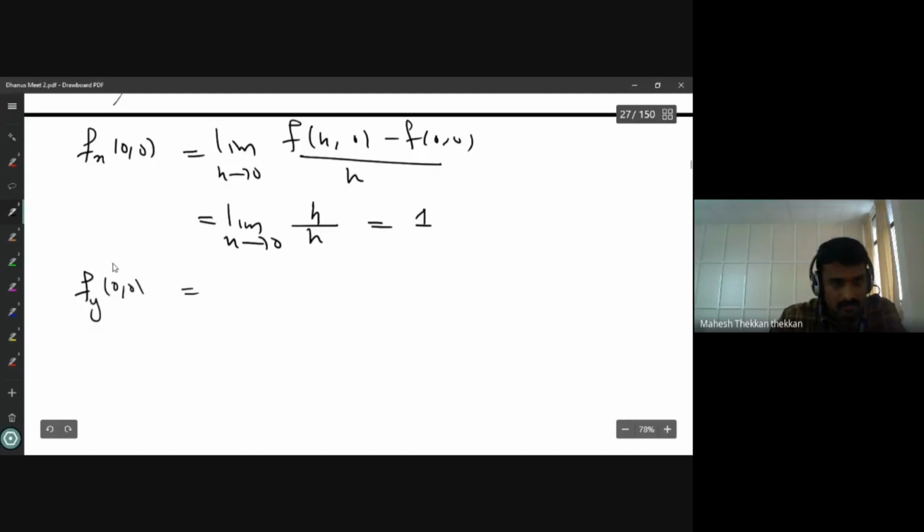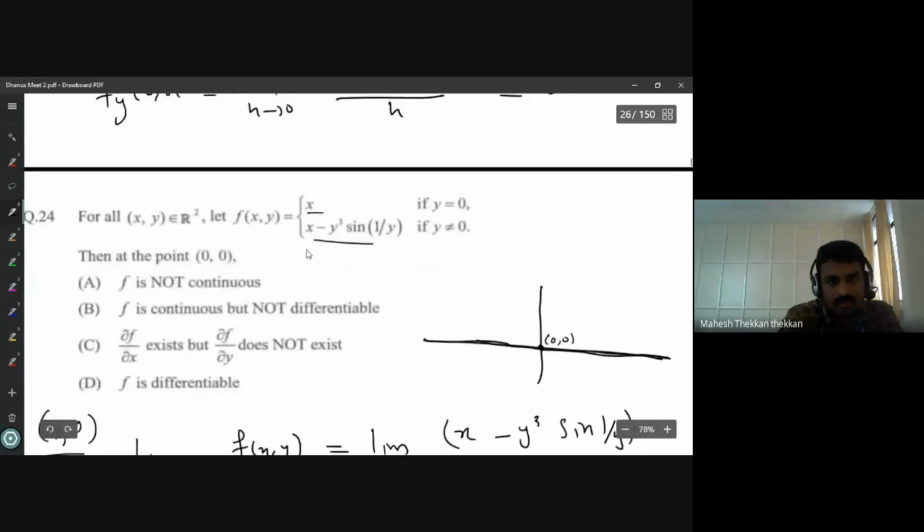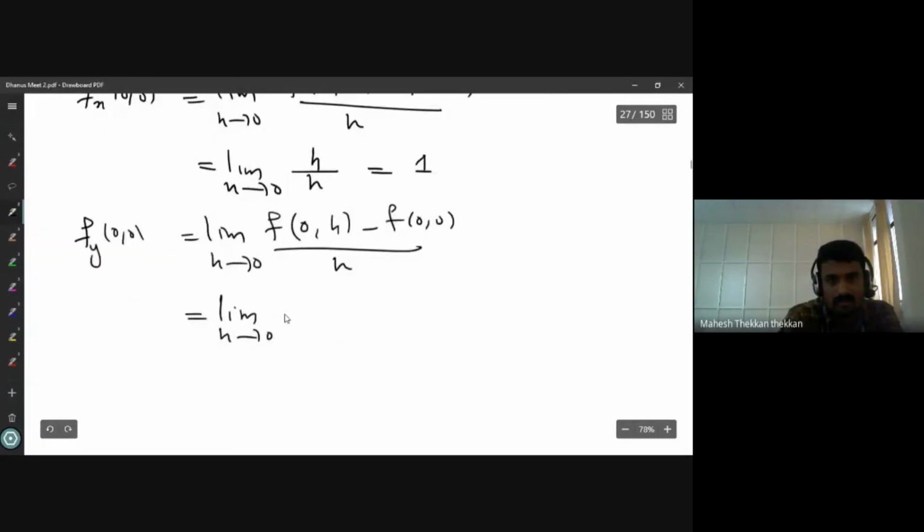That is the limit as h tends to 0 of (f(0, h) minus f(0, 0)) by h. f(0, h) is the second case, y not equal to 0, so your function is minus h cube into sine 1 by h, by h.